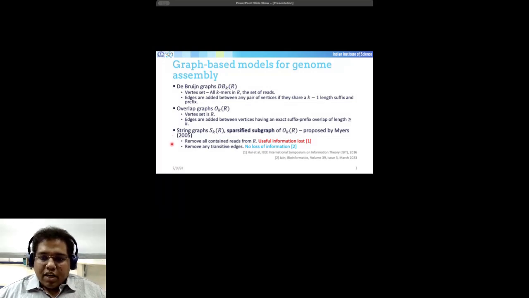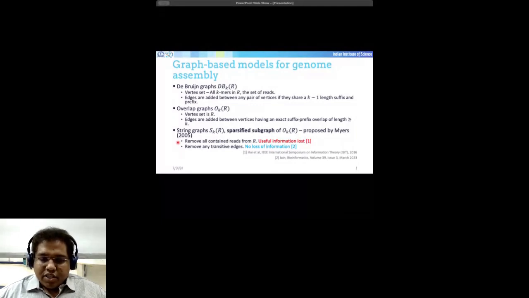All transitive edges are removed, and this heuristic has actually been shown to be safe by Jain. I will focus on the other heuristic, which is the deletion of all contained reads, which leads to the deletion of all vertices corresponding to those reads and edges associated with them.